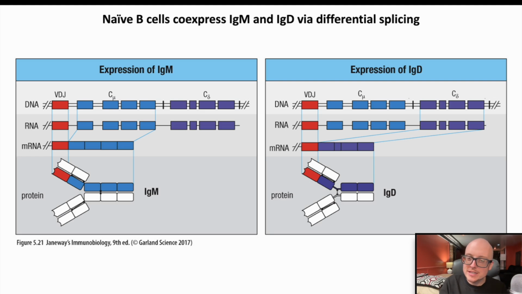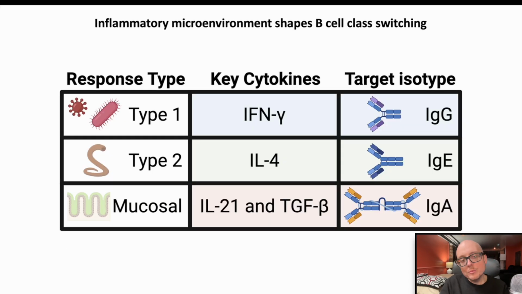Okay, so having explained that, let's get into what actually occurs in order to access those other isotypes. A point that I want to make is that isotype switching, class switching, is not a random process. It's a very directed process because class switch is usually done in a way that facilitates a targeted immune response against a particular type of pathogen.